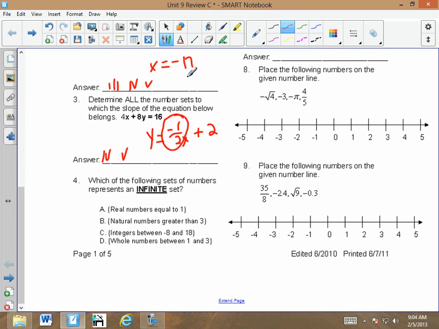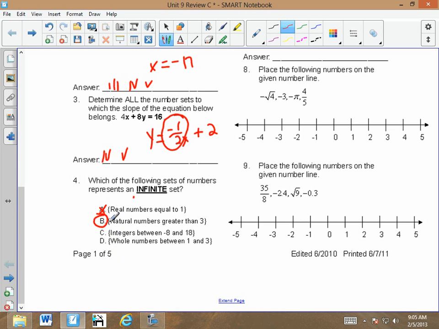Okay. Now, we need to determine which one is infinite. Infinite never ends. Real numbers equal to 1. I see real numbers, which is always infinite. However, there is an equal sign, because the word equal is an equal sign. Natural numbers, which are counting numbers, bigger than 3.